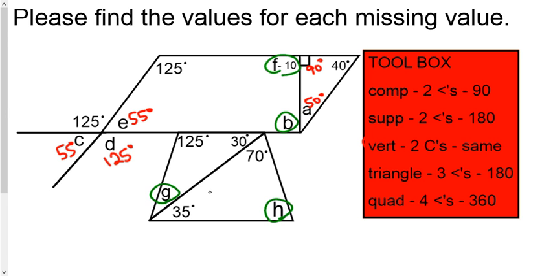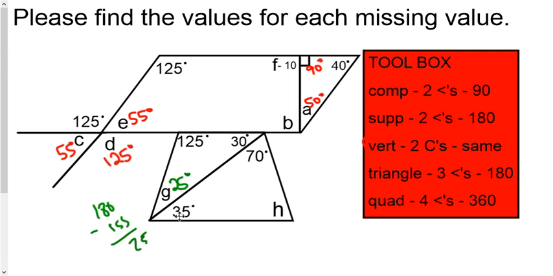As I look at these, I finally take a look at the bottom of the page, and I see that we've got a nice triangle set up right here. So 125 plus 30 is 155, and 155 subtracted from 180 is 25. So this is 25 degrees.